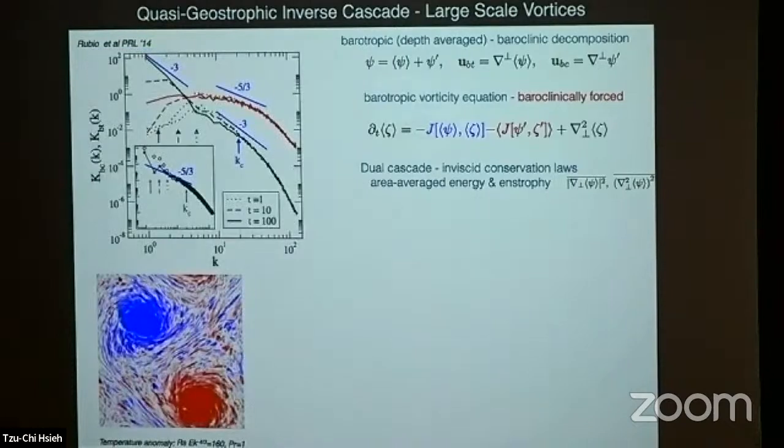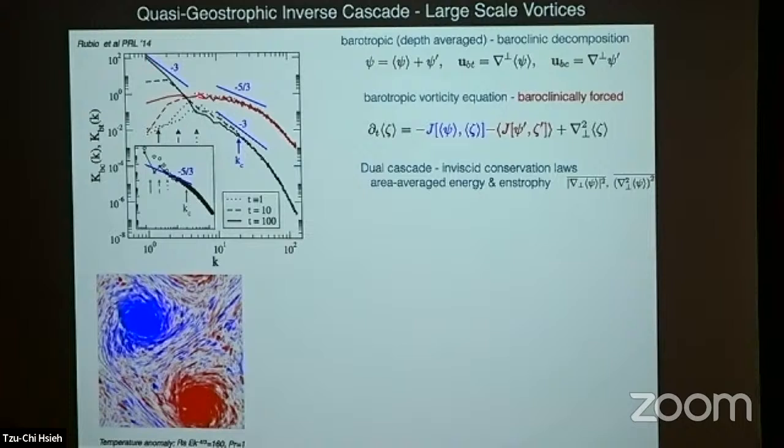You can look at the energetics, where you break these things up. We take the energetics of this in Fourier space and project onto a magnitude K, so it's a standard energy density plot.